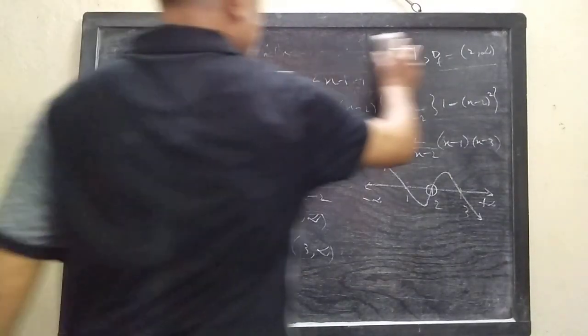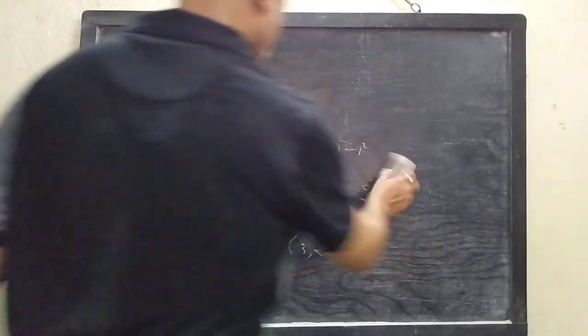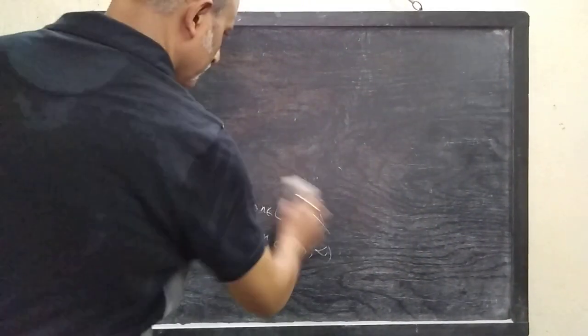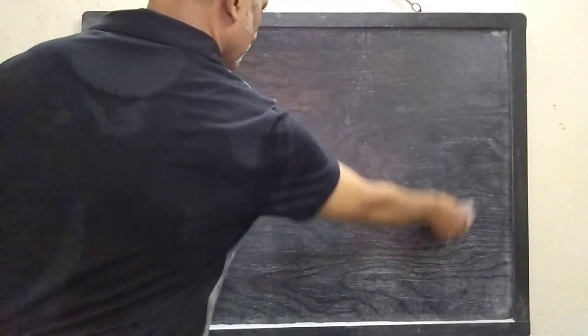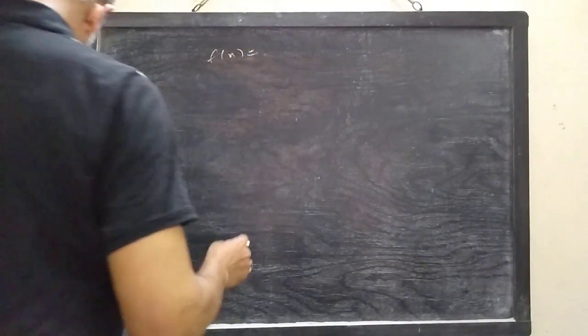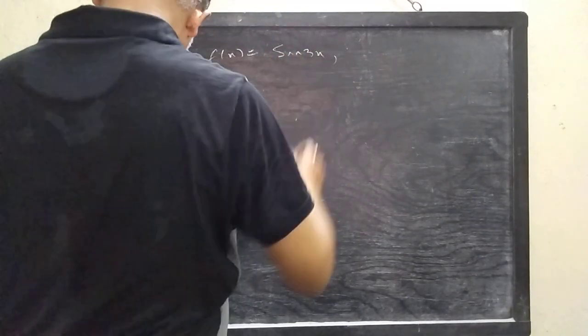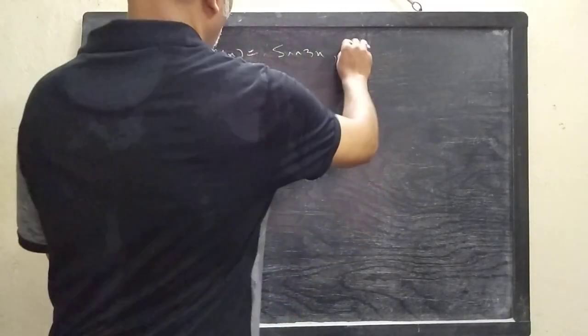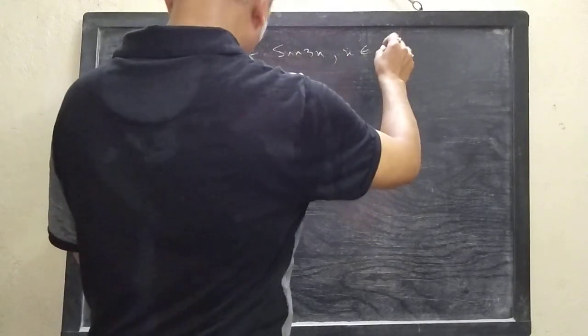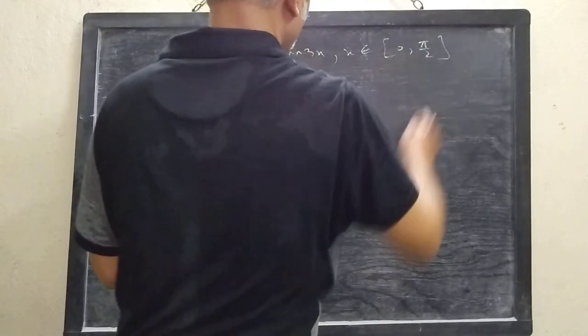Next, consider the function f(x) equals sin 3x. Here the domain is given to be x belongs to the closed interval 0 to pi by 2.